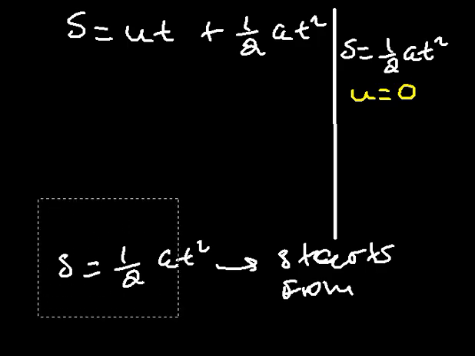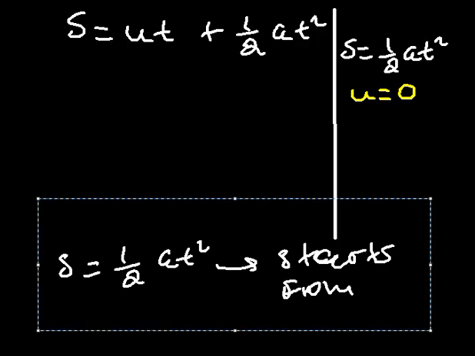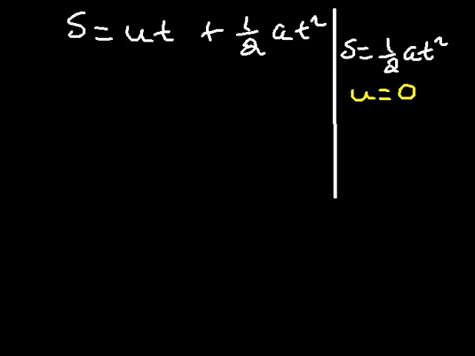And now how about if the object is moving at a constant speed? So as we discussed already last time, we said for the object which is moving at a constant speed, acceleration is always 0.